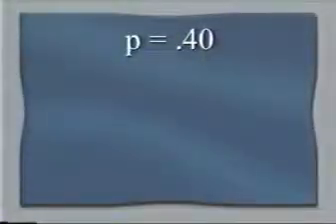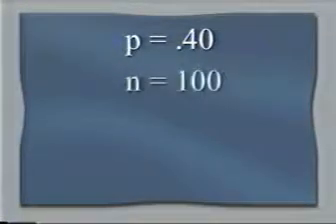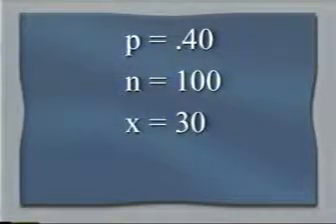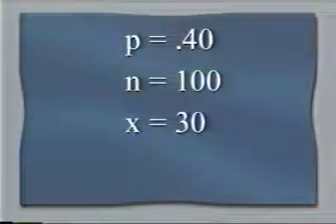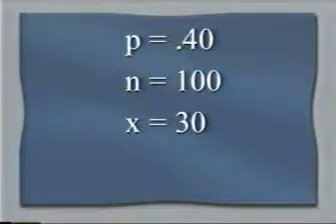So here we have, symbolically, the data. We have a p, a population probability of 40%, or 0.4. We have an n, a sample size of 100, and an x of 30, x being the number of successes, a success being a person who responded, yes, I favor the tax increase.